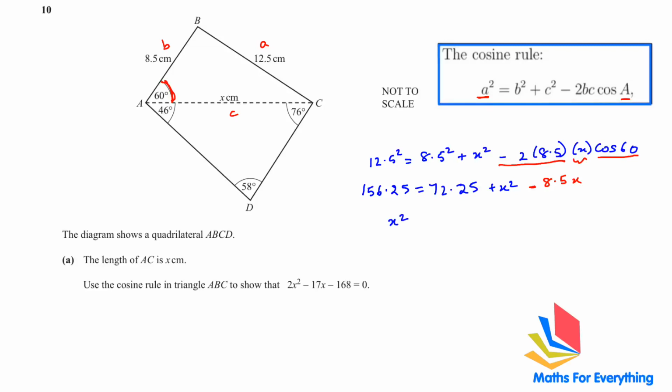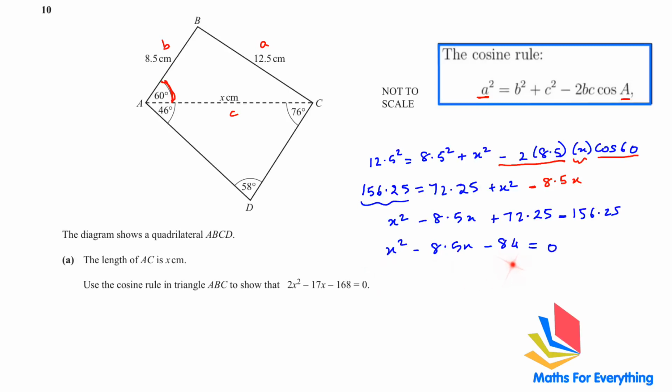x squared minus 8.5x plus 72.25 minus 156.25. This is negative 84.